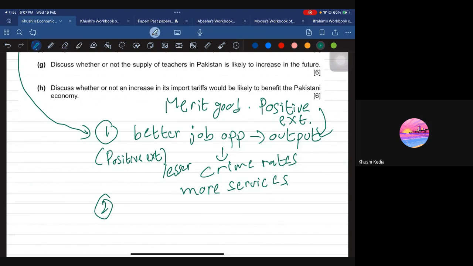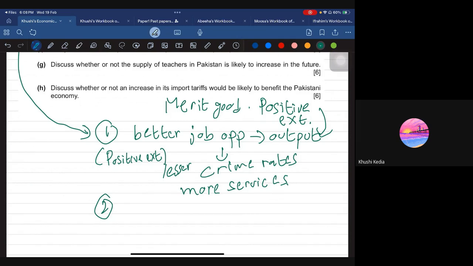So I was thinking the second point could be that education would also be considered a merit good because if education improves and more education is provided, workers would become more skilled, which could lead to higher productivity and better quality goods and services. But that is again a positive externality of this. What is the characteristic in a merit good?